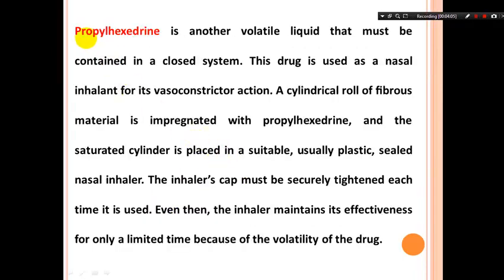While propylhexedrine is a vasoconstrictor, it also is a volatile liquid, so when we are going to formulate this dosage form, we get a cylindrical roll of fibrous material impregnated with this material.